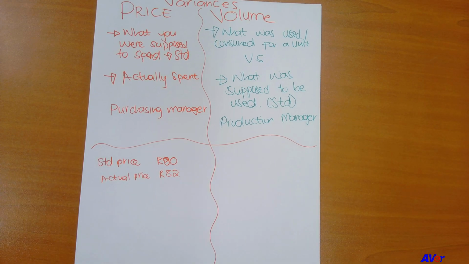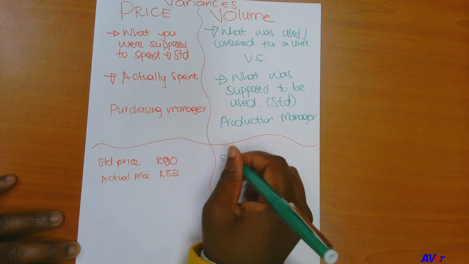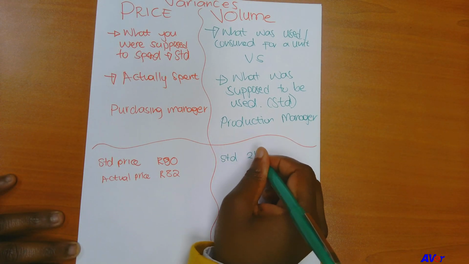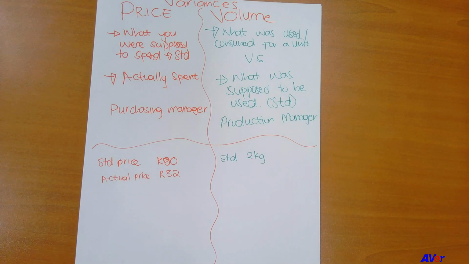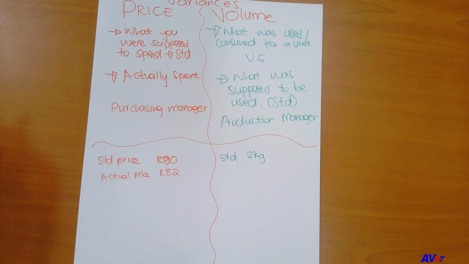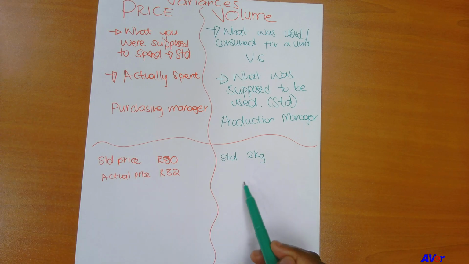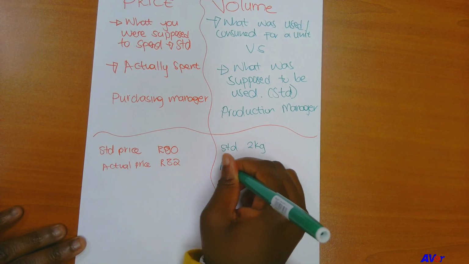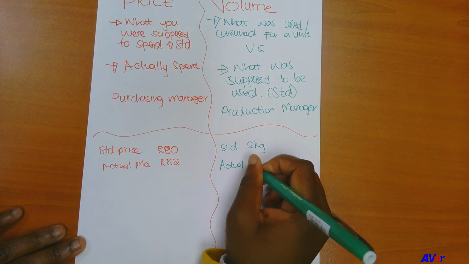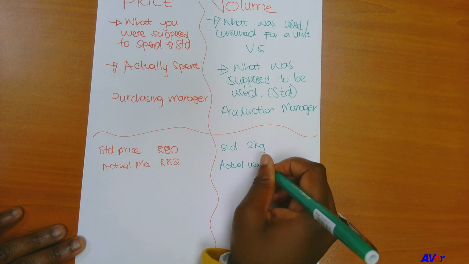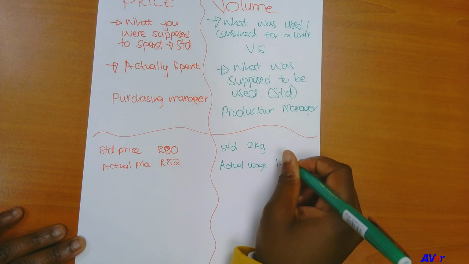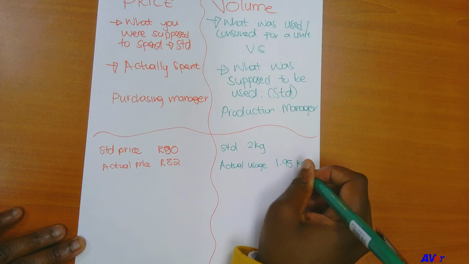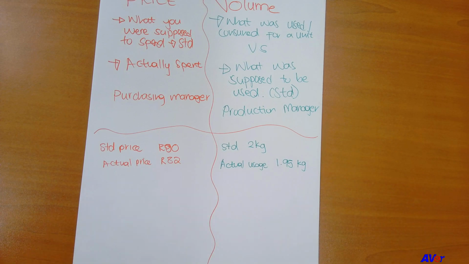On the volume side, we had a standard of 2 kgs per unit. This means that to make one bathtub for Support a Baby, we need 2 kgs of material A. However, we actually used 1.95 kgs per unit.